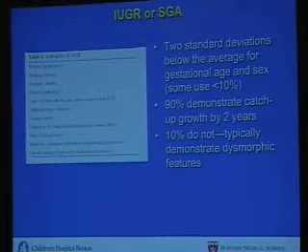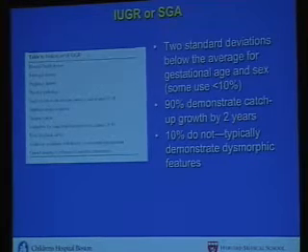One of the endocrine reviews that I looked at recently said that 90% demonstrate catch-up growth by 2 years. The 10% that do not, the endocrinologist will say, are usually dysmorphic or syndromic. I don't know that that's true, but what I do know is that if they don't demonstrate catch-up growth by 2 years, they're not going to.